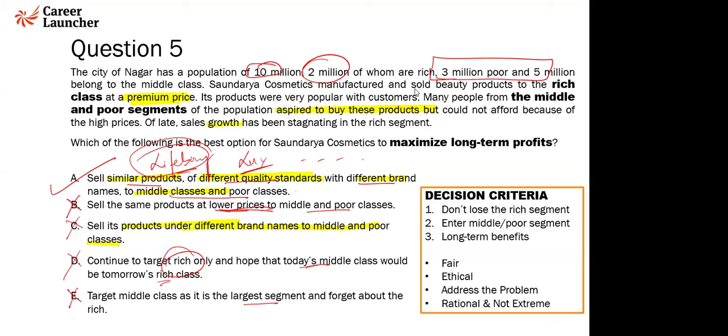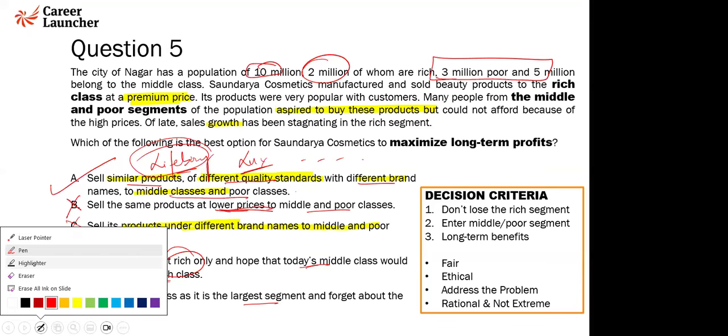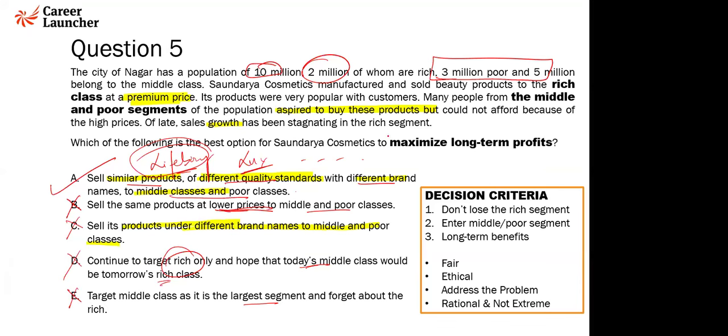Adhyan, I'll ask you the same thing. Is Unilever fooling people by having Lux and Lifebuoy both? Sarthak, absolutely right. Doesn't matter. Again, please go back to this statement. What is the criteria? The criteria is to maximize long-term profit.